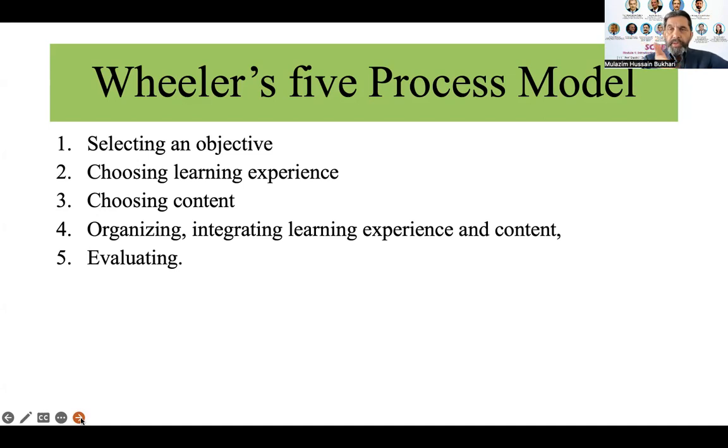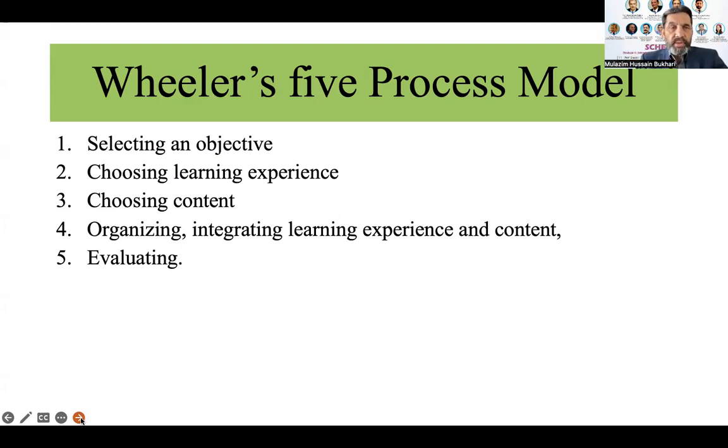And learning experiences, what are the methods you will use? Not methodology. Methods you will use. Method means how you are using anything. And methodology is the practical experience of this one.